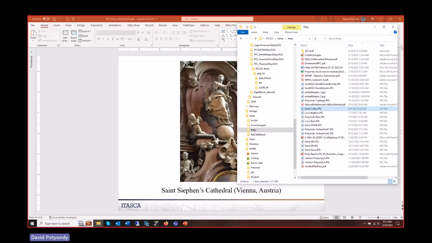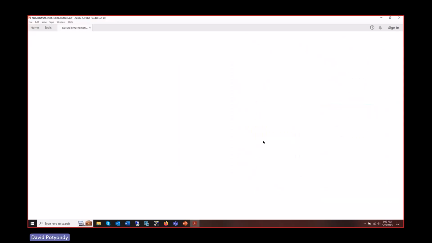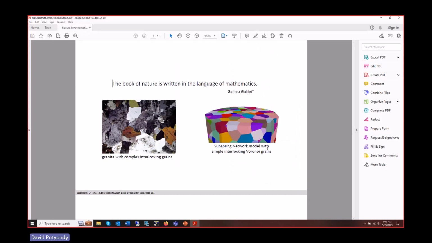Well, hold on. I'm going to show you a picture as a precursor to that, which some of you may have seen because I might have sent this before to some of you. This is this subspring network model. These are Voronoi cells joined together with this special contact model, and that's trying to represent the grain structure of something like a granite.